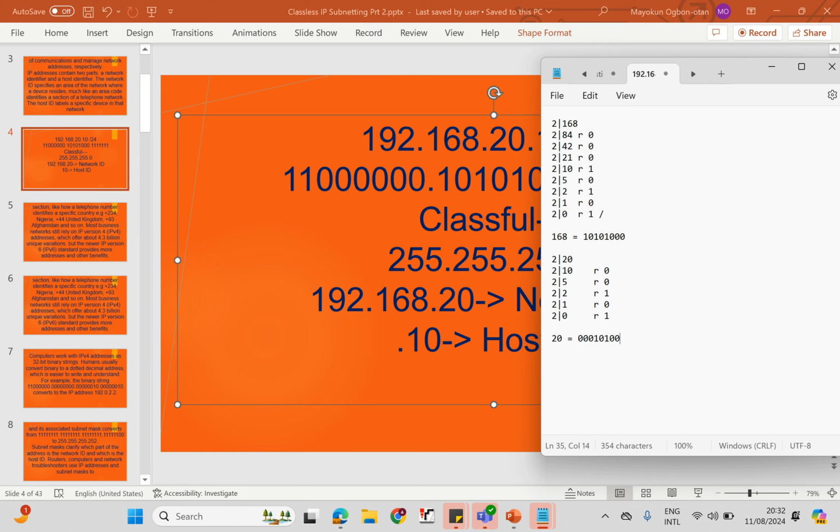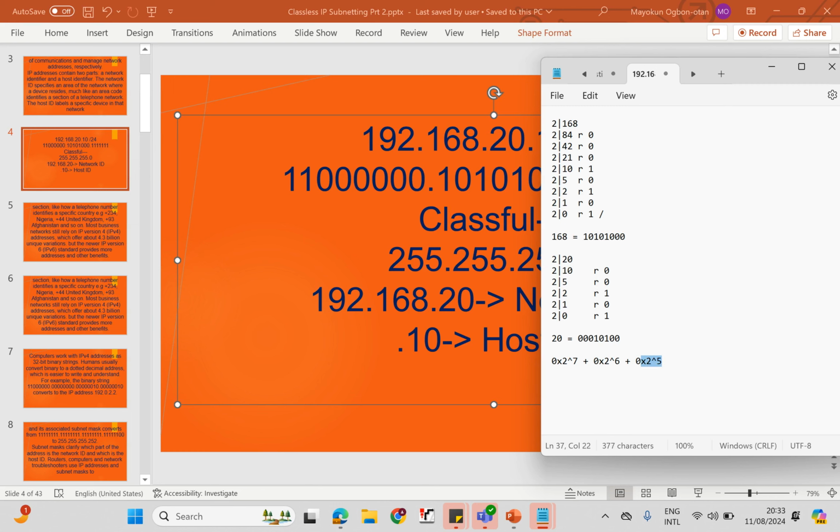That's going to be 0 times 2 raised to power 7 plus 0 times 2 raised to power 6 plus 0 times 2 raised to power 5.